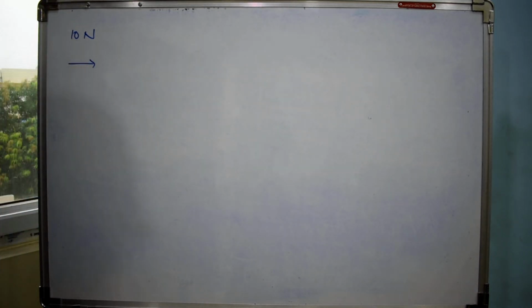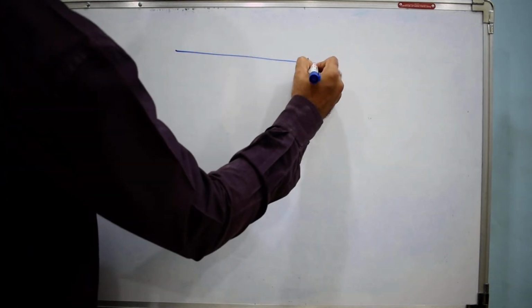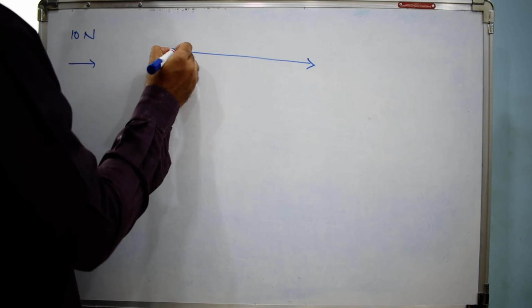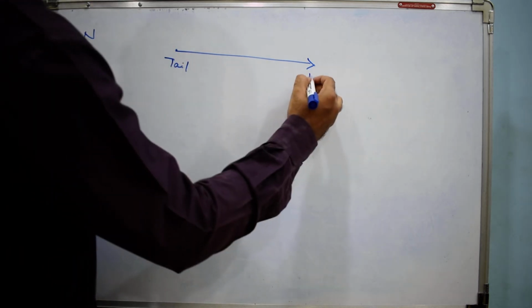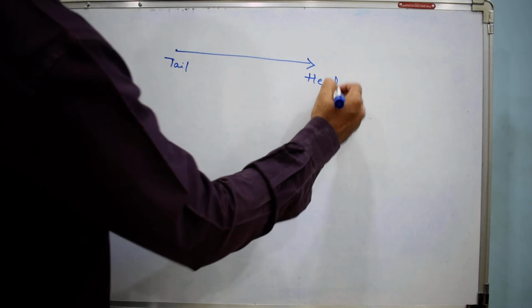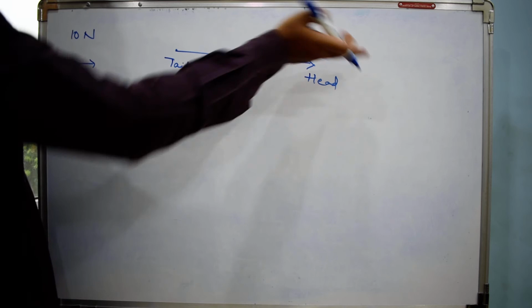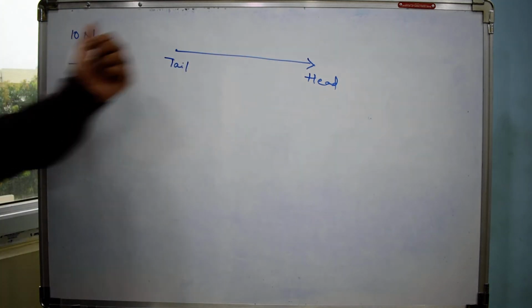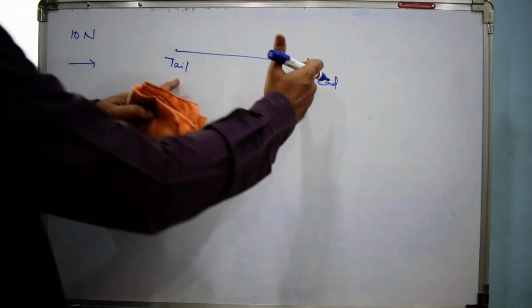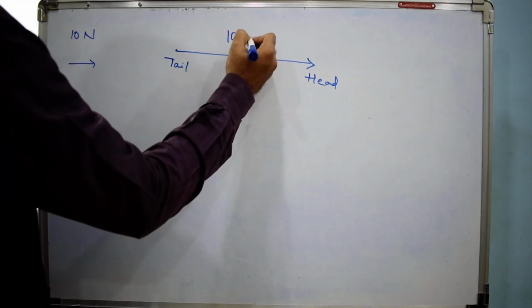Now how I represent this force is, I draw an arrow, or it's called a ray. This point is called the tail of the vector. This is called the head of the vector. The direction of the head of the vector represents the direction in which the force is acting, and the length of this vector represents the magnitude.